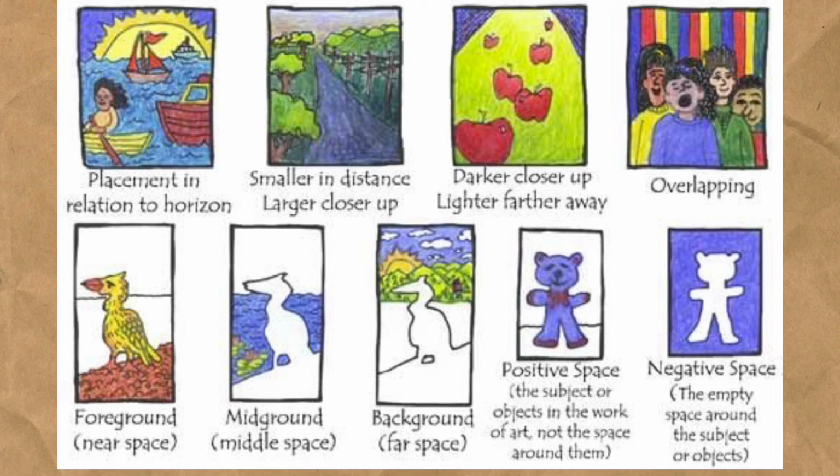Here are more examples: placement in relation to horizon, smaller in distance, larger closer up, darker closer up, lighter farther away, overlapping, foreground or near space, midground or middle space, background or far space, positive space and negative space.